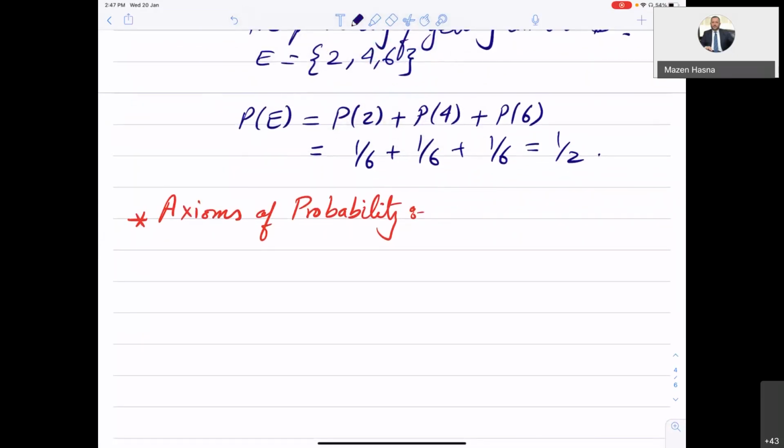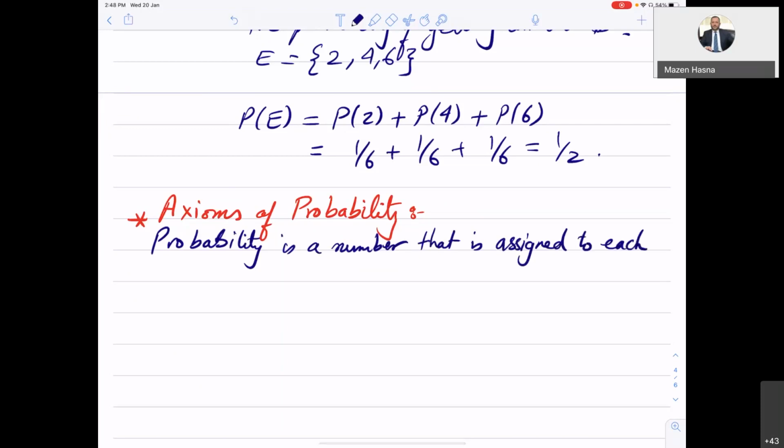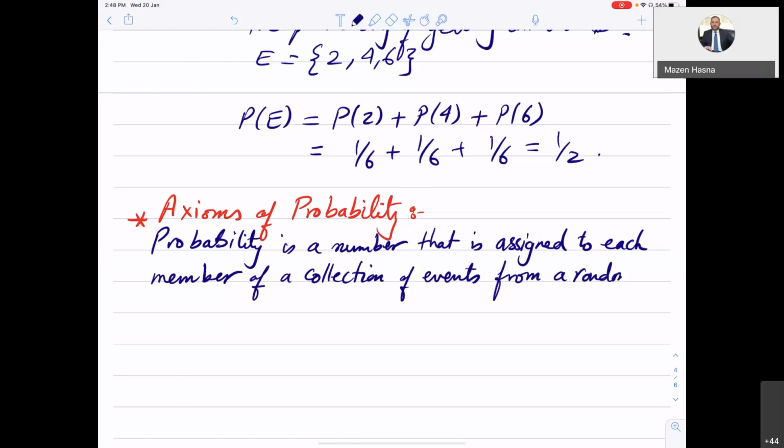And with that, let's say just again that probability is a number that is assigned to each member of a collection of events from a random experiment which satisfies the following.